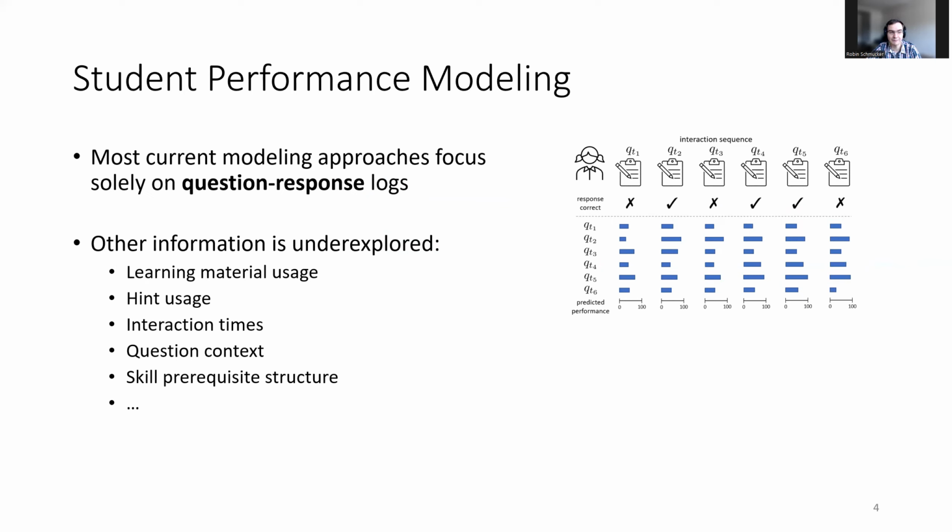For example, learning material and hint usage, interaction times, which track how much time students spend on individual activities, the question context, for example, if a question is asked as part of a pre-test or a post-test or a review session, and also information about the skill prerequisite structure, which captures which skills are prerequisite or post-requisite to other skills.